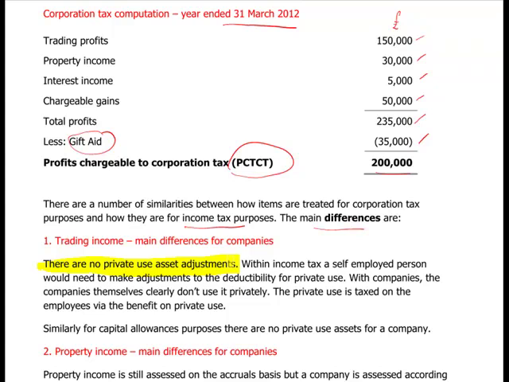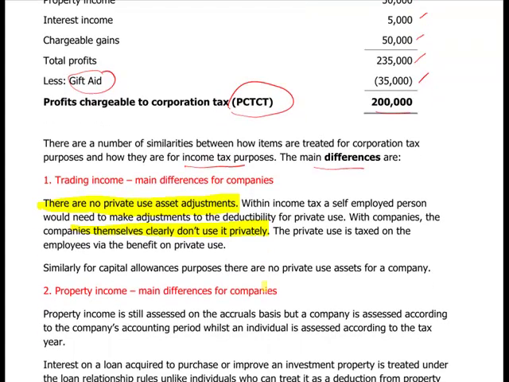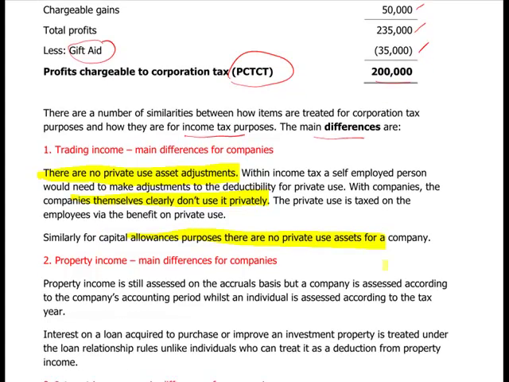Doesn't matter if the finance director uses a car for private and work use. There is no private adjustment to that capital allowance computation for that car. With companies, the companies themselves clearly don't use it privately. Capital allowances, there is no private use for a company.